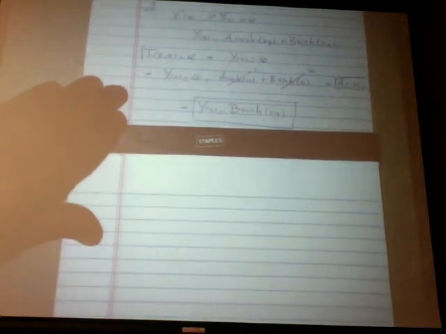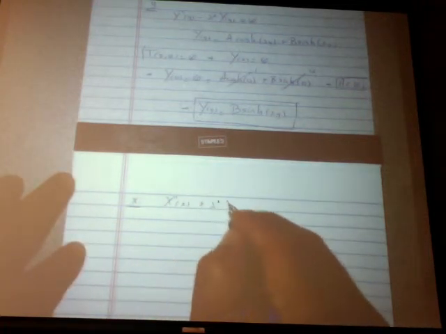Now in the x direction, X double prime of x plus lambda squared X of x is equal to 0. That means that X of x is equal to C cosine of lambda x plus D sine of lambda x.